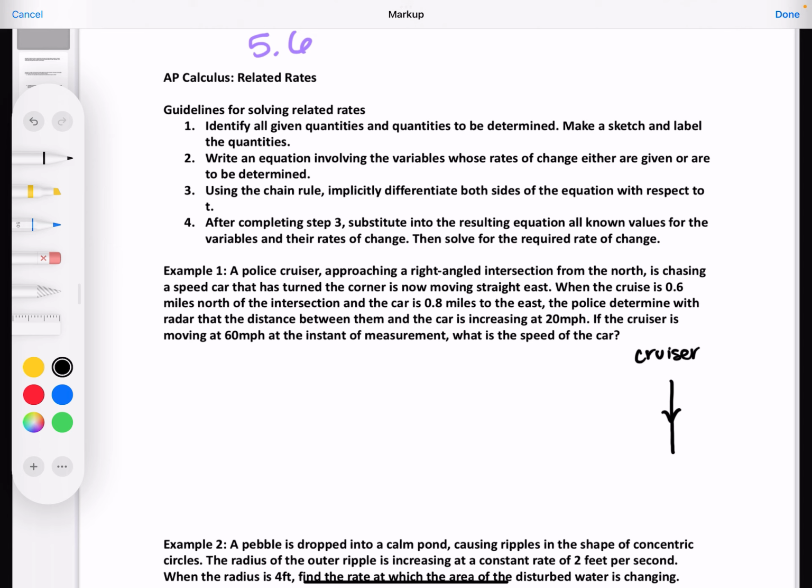It's a right-angled intersection, so the intersection is here. Car is traveling this direction. Car's over here at this point, and then we just connect them. The little right triangle.